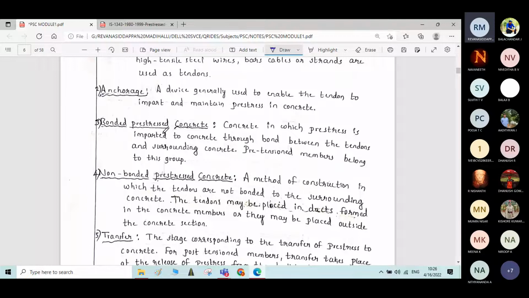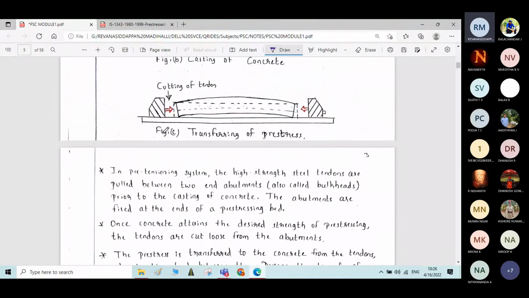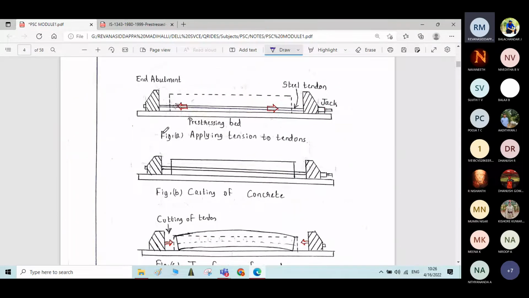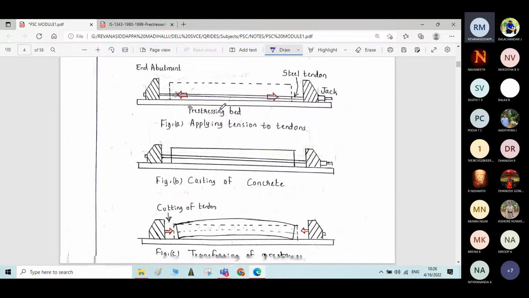Next is bonded pre-stressed concrete and non-bonded pre-stressed concrete. What is the meaning of bonded pre-stressed concrete? The name itself explains its definition, correct? In case of pre-tensioning, through the bond between the cable and the concrete, the pre-stresses are introduced into the concrete.